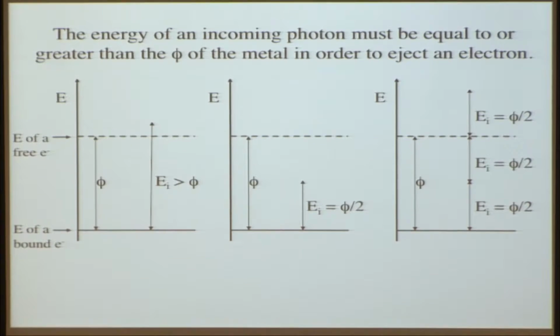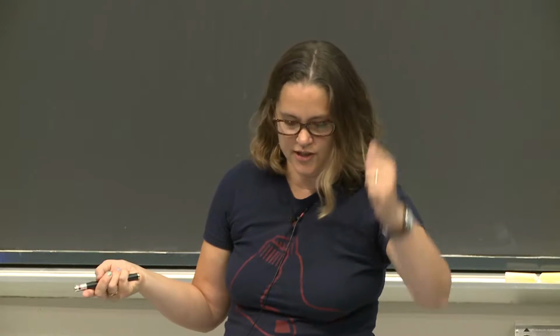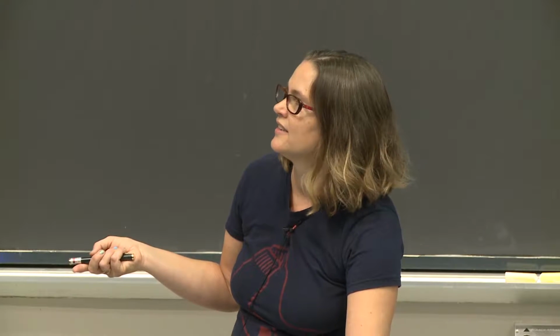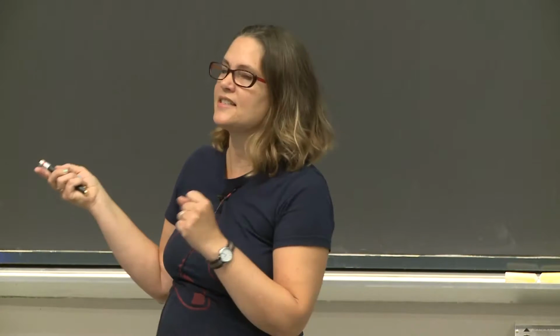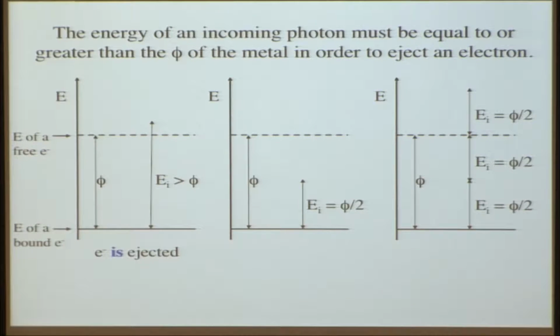So tell me whether an electron will be ejected or will not be ejected. And you can just yell it out. What do you think? Yeah, so an electron will be ejected. What about this scenario over here where the energy is less than that threshold energy? Is or is not ejected? Yes. Okay.